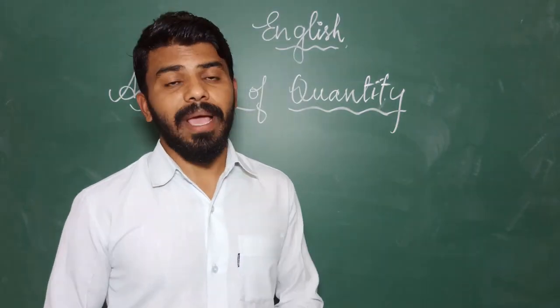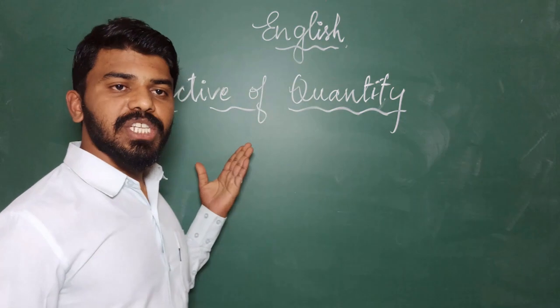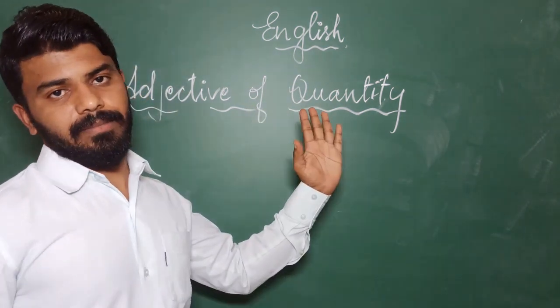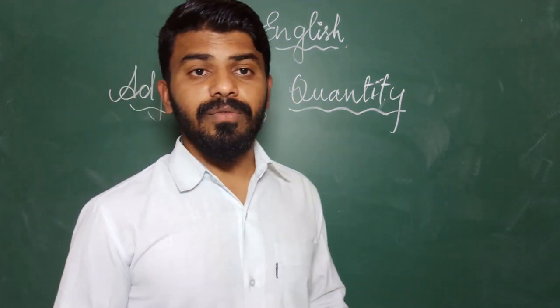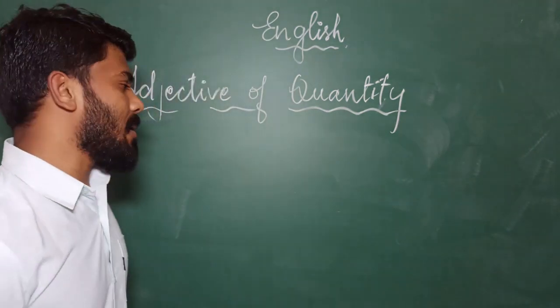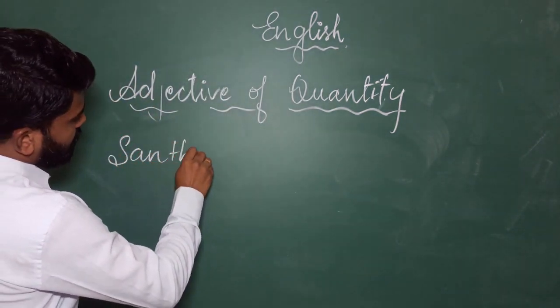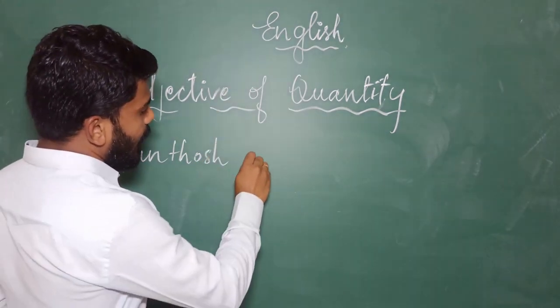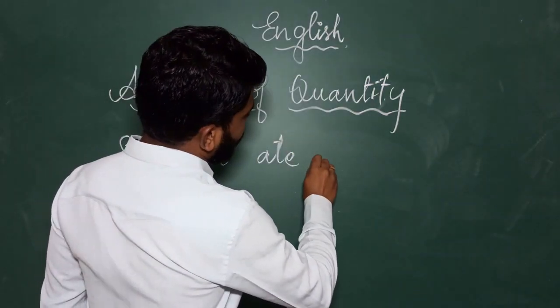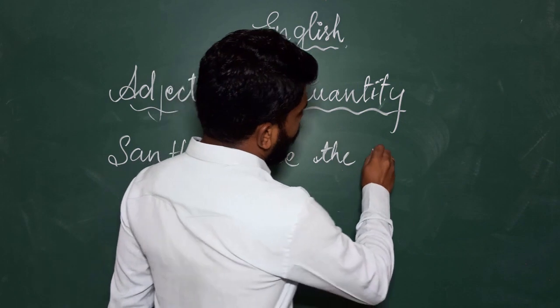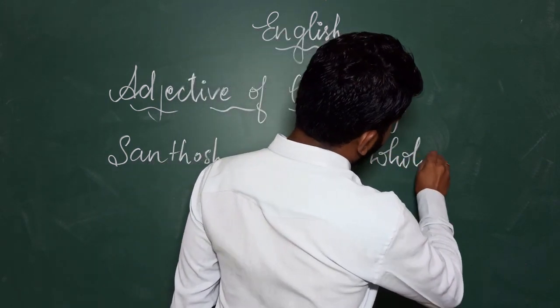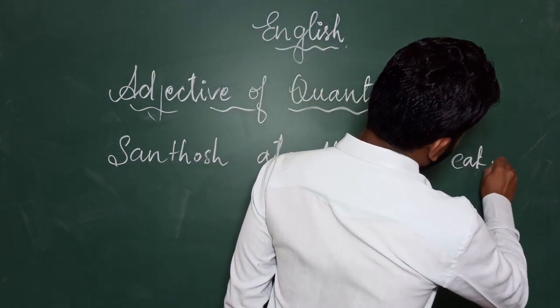Let us go to the next kind of adjective. The next type of adjective is the adjective of quantity. Let us check with the example. Santosh ate the whole cake.